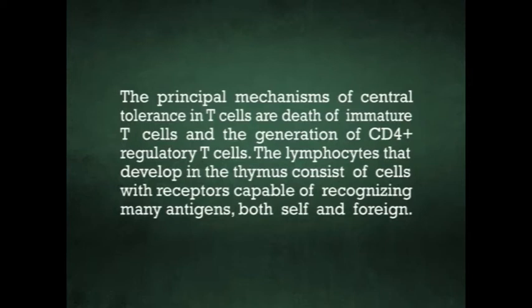The principal mechanisms of central tolerance in T cells are the deletion of immature self-reactive T cells and the generation of CD4 plus regulatory T cells. The lymphocytes that develop in the thymus consist of cells with receptors capable of recognizing many antigens, both self and foreign.